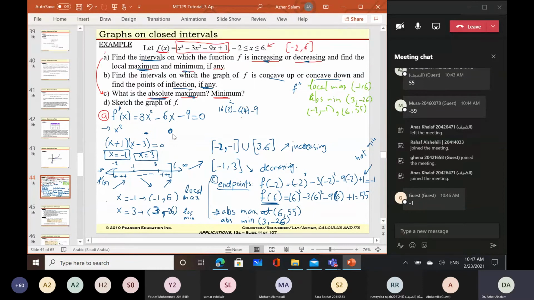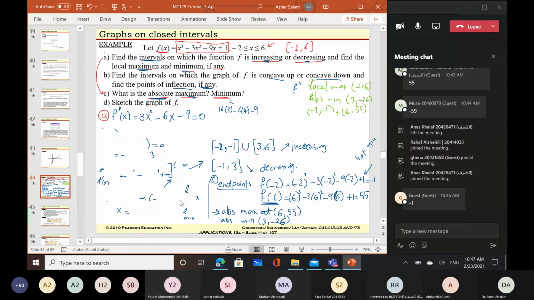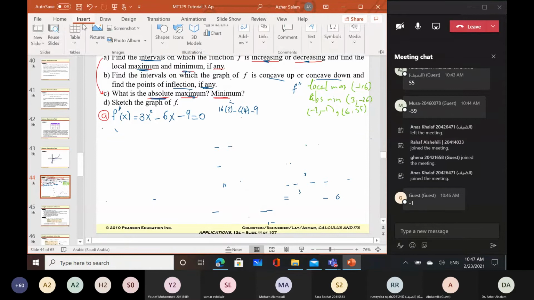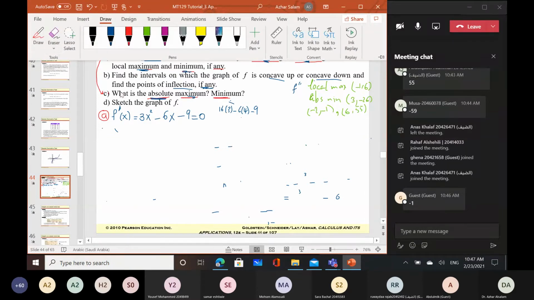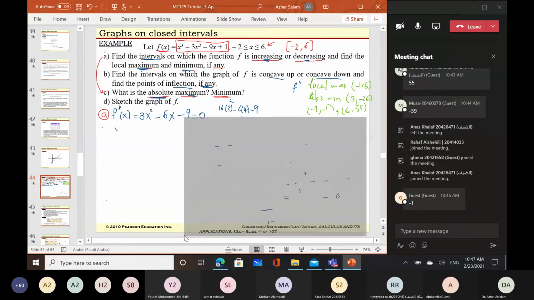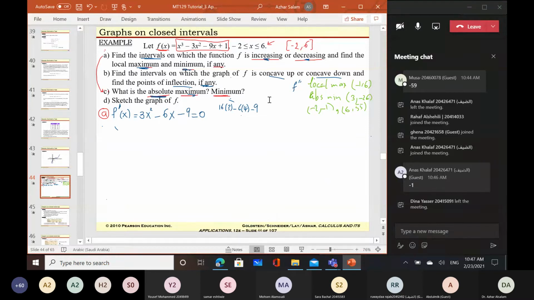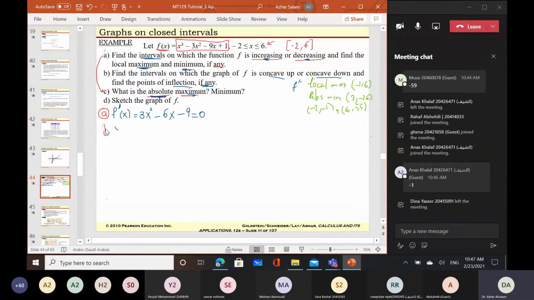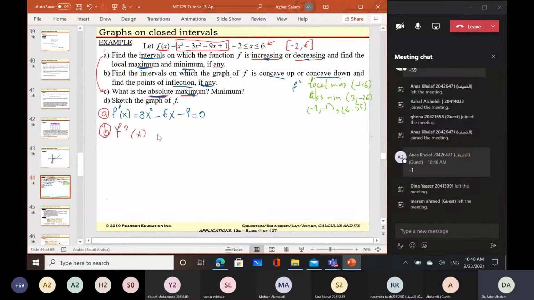I still need here the first derivative to find the second derivative. Now to begin with the second derivative test, now I will solve B. I will find the second derivative, f double dash, from here.